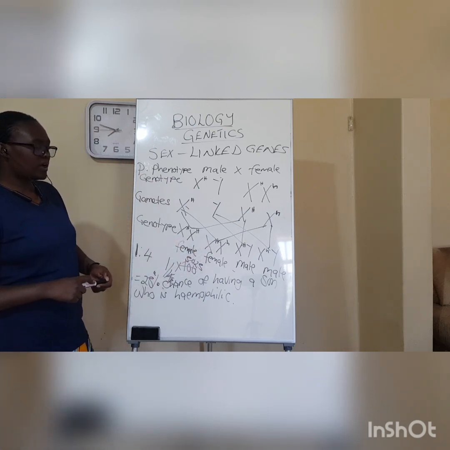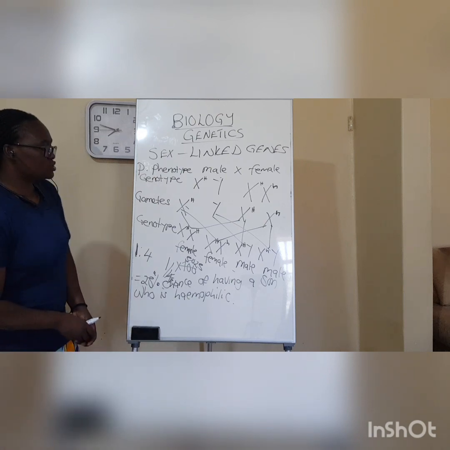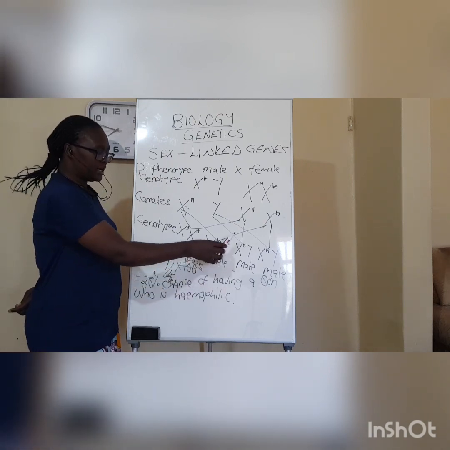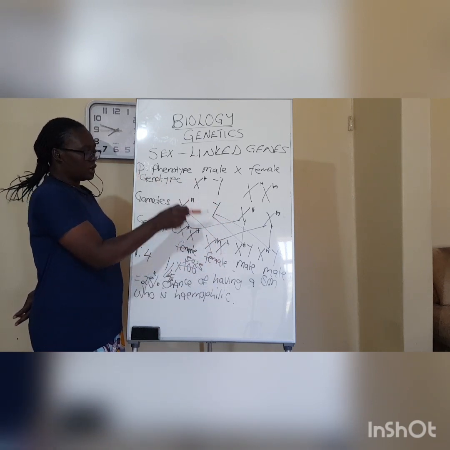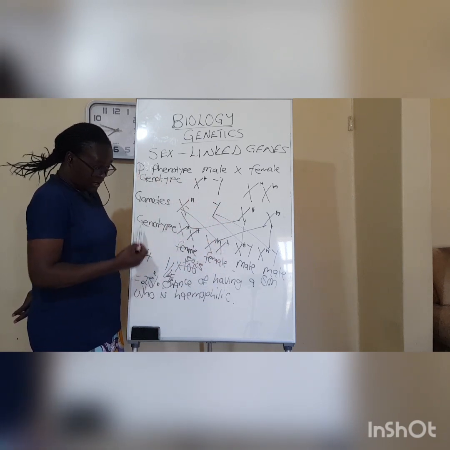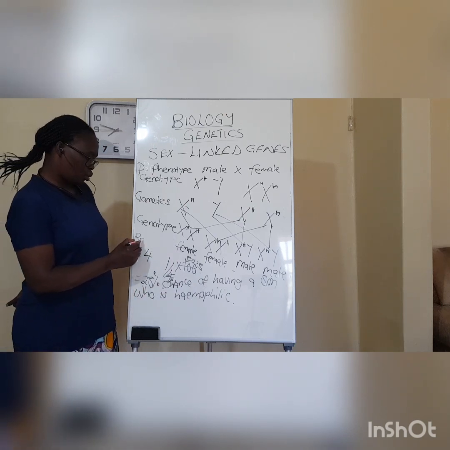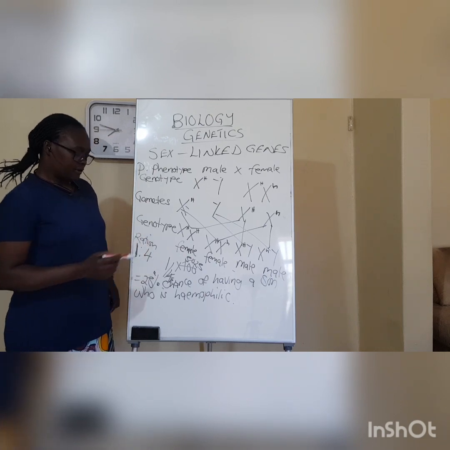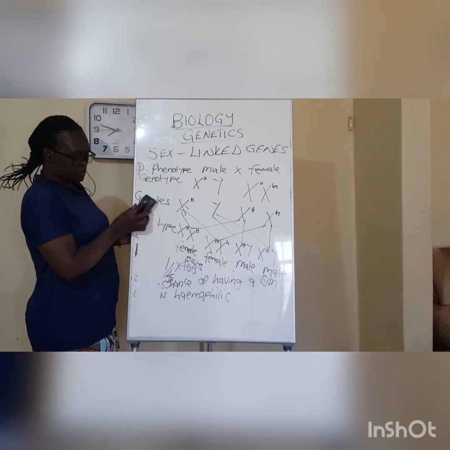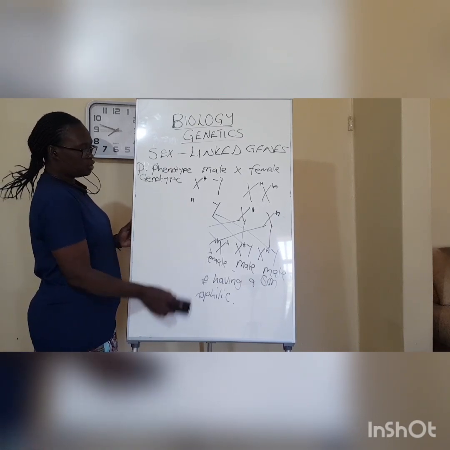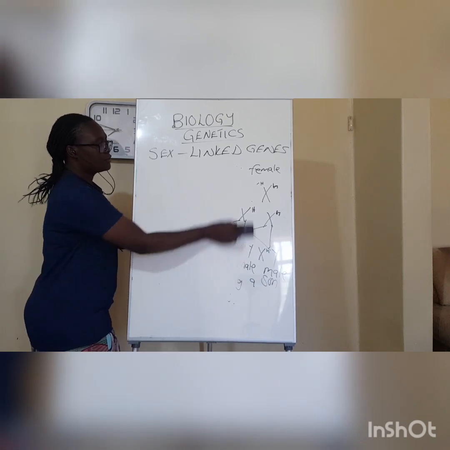What would be the chance of having a male child who is not sick of hemophilia is 1/4. So whatever question they will ask you on this type, then it is 1/4. So this one is the ratio. Very good. I hope we are getting there now. What you need is to practice for you not to get it all wrong.